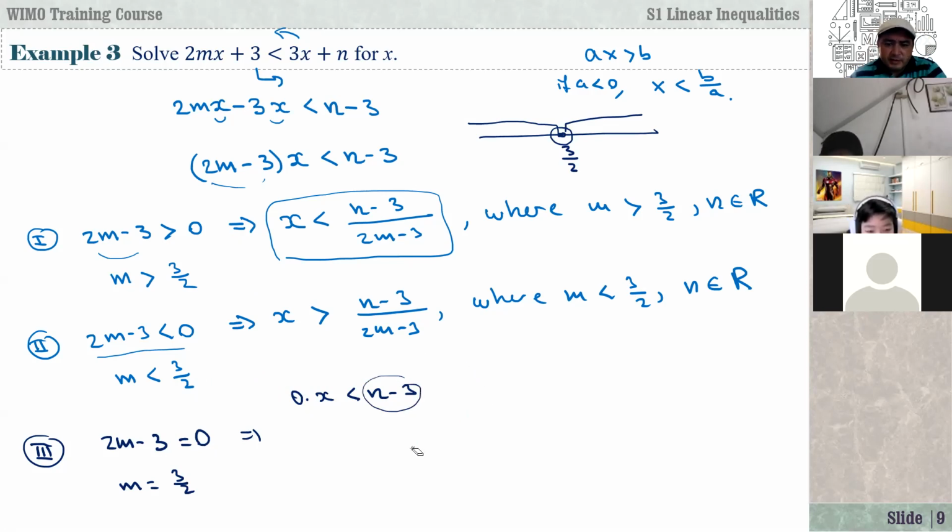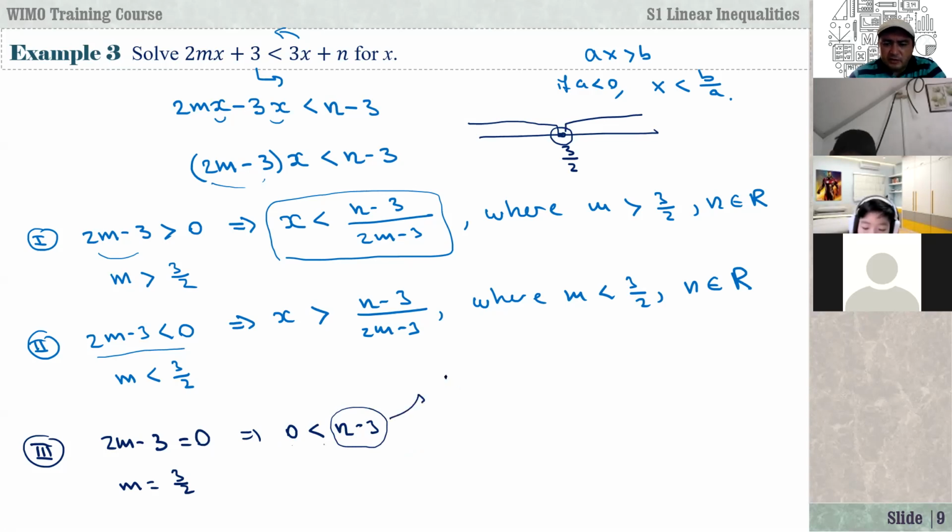So if 2m minus 3 is equal to 0, now here we have 0 is less than n minus 3, right? If this number is negative, we know that 0 is not less than a negative number. So we will have no answer.